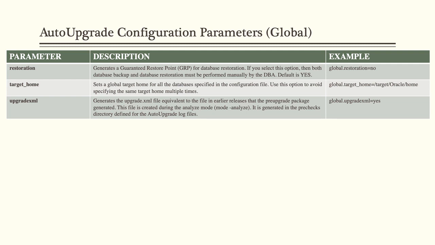Anyway, it is still recommended, although Oracle Auto Upgrade makes a GRP and is also capable of restoring your database which has a broken upgrade in between. It can restore your database back to its original state up to that GRP level. It is still recommended that you always take a manual backup before as a safety measure.